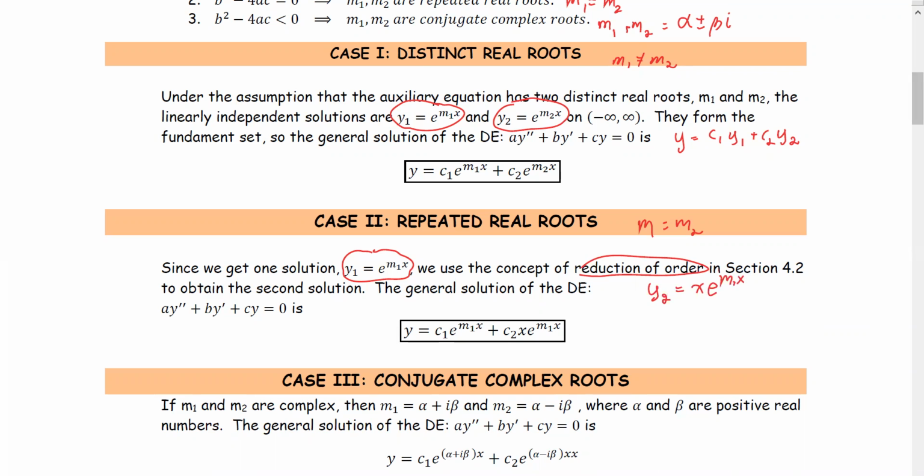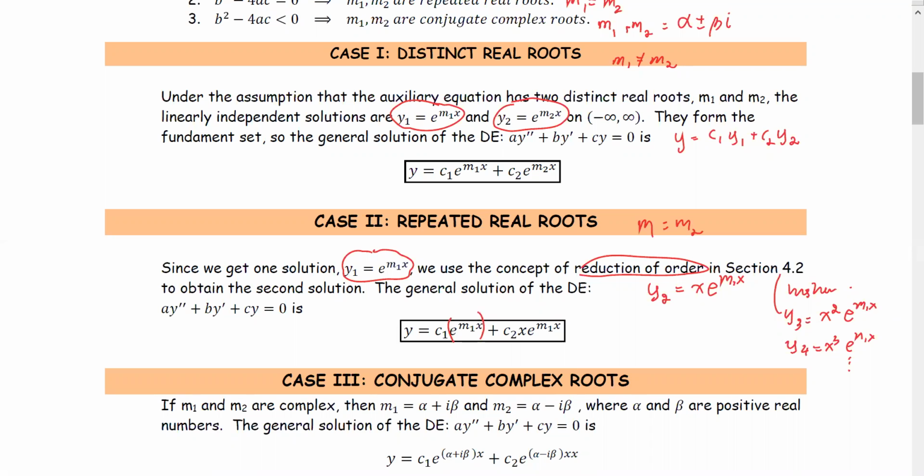For the higher order, y3 is going to be another x multiplied by x e to the power m1x, for y4 it is x to the third times e to the m1x, and so forth. But in this case, we look at the second order, so we just need two solutions, y1 and y2.